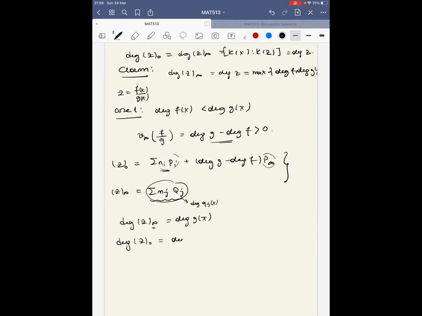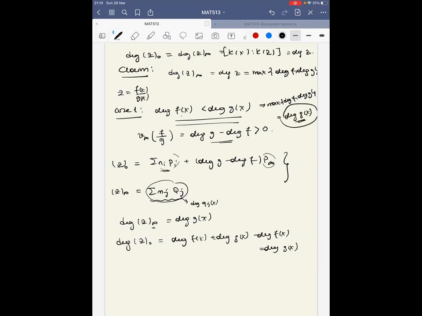And the degree of the zero divisor is the degree of g(x) minus degree of f(x) plus the degree of f(x), which is indeed again the degree of g(x). Since by our assumption the maximum of the degree of f and the degree of g is the degree of g(x), this gives us the desired result.